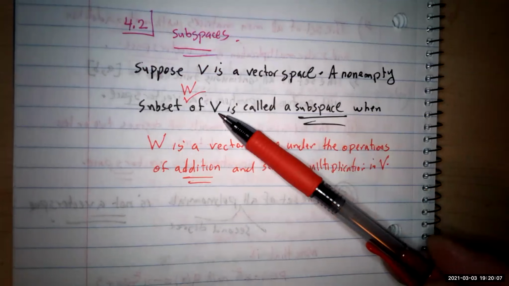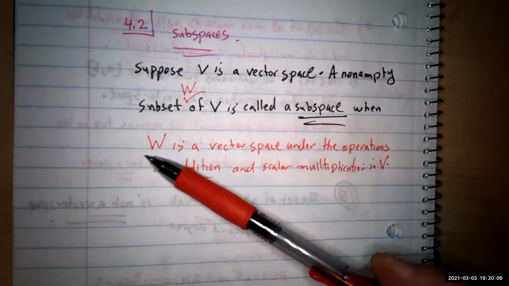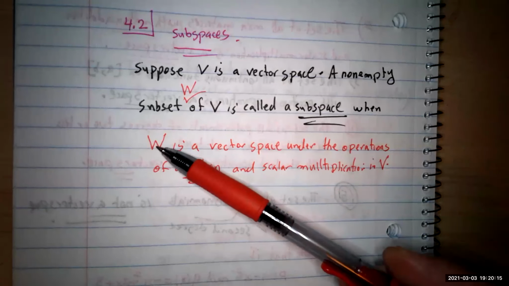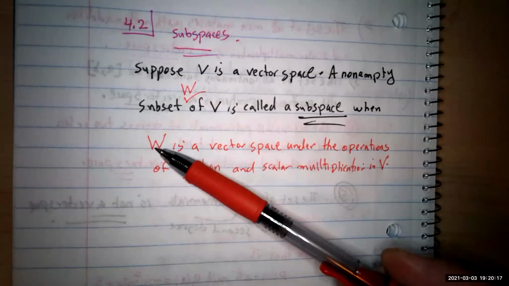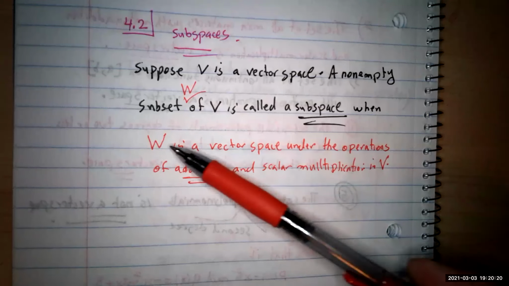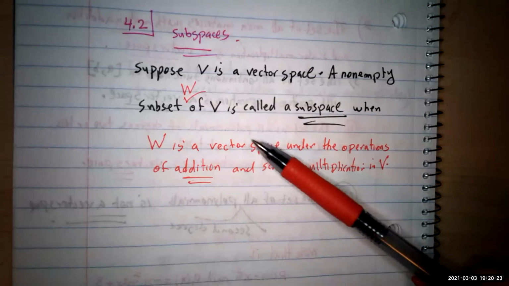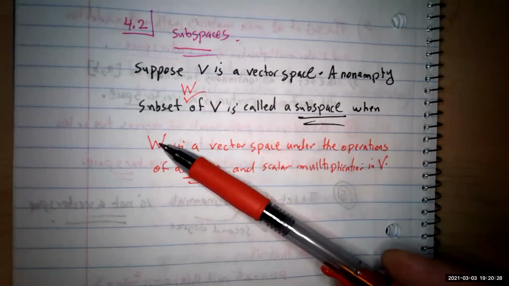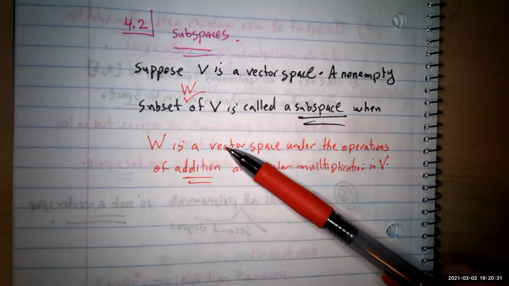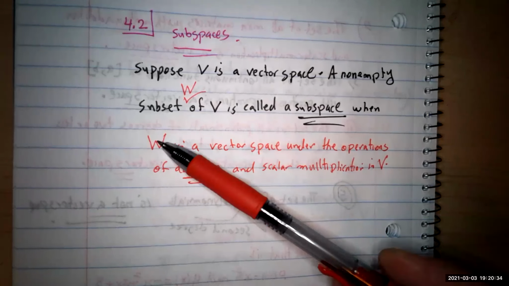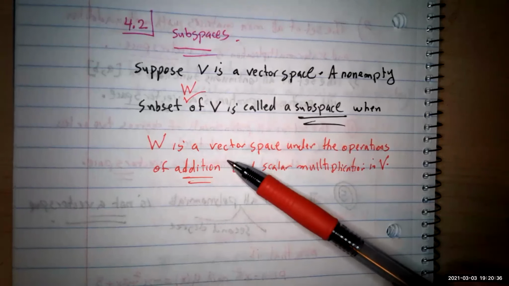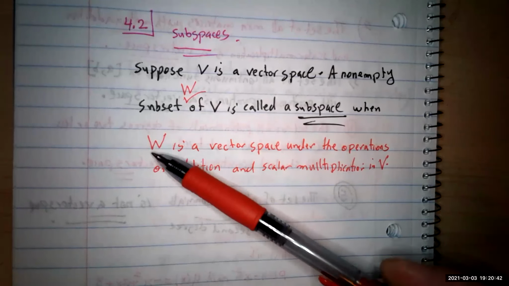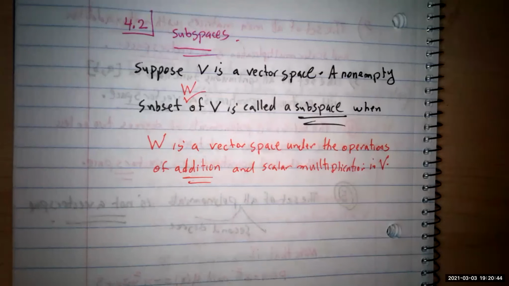If this new set is closed under these operations, closed means if you pick two elements in W and add them together, the result is in W. Addition is like the one that you define on V. So the sum of two members of W is in W, and the scalar multiplication of any member of W is in W, then W is a subspace.